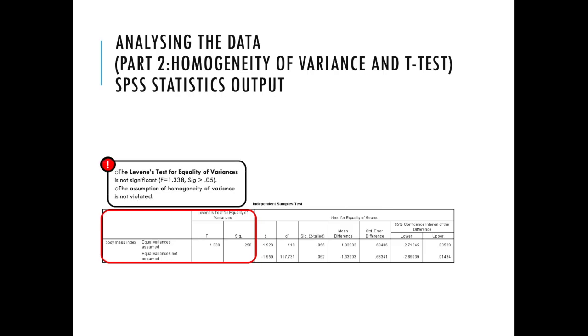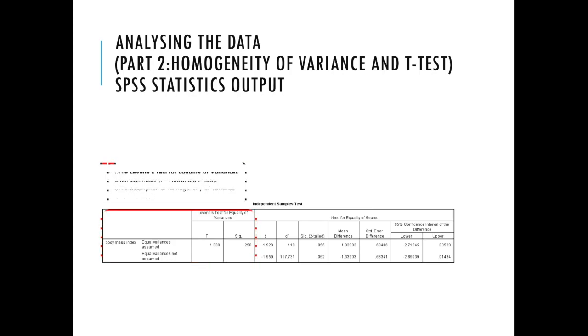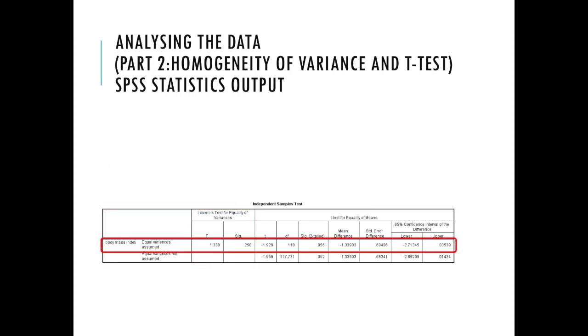Levene's test for equality of variances is not significant. So Levene's test for equality of variances, which I highlighted in the red box, shows that the assumption of equality of variance is not violated. Therefore, you need to read the upper row of the independent samples test, which indicates equal variances assumed.